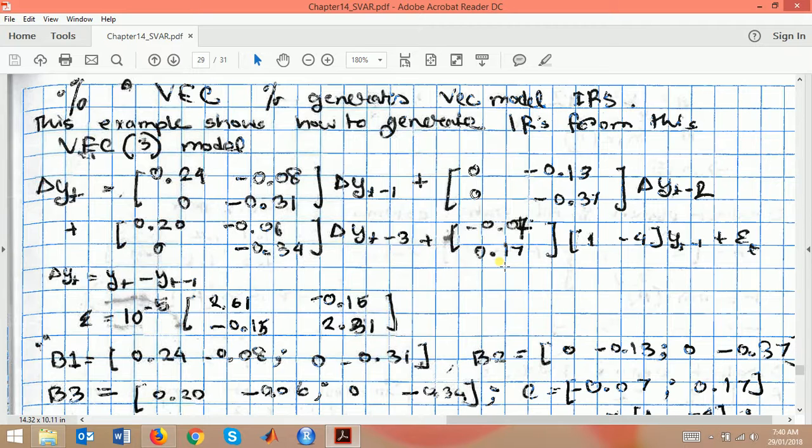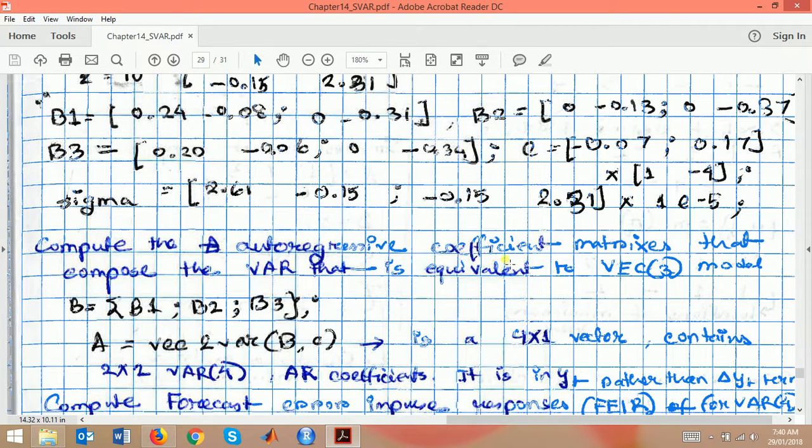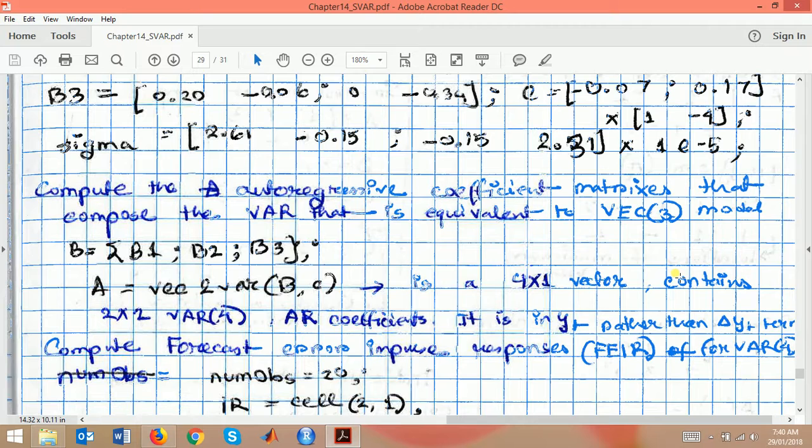Compute the autoregressive coefficient matrices that compose the VAR that is equivalent to a VEC3 model. What happens in a VEC3 model?